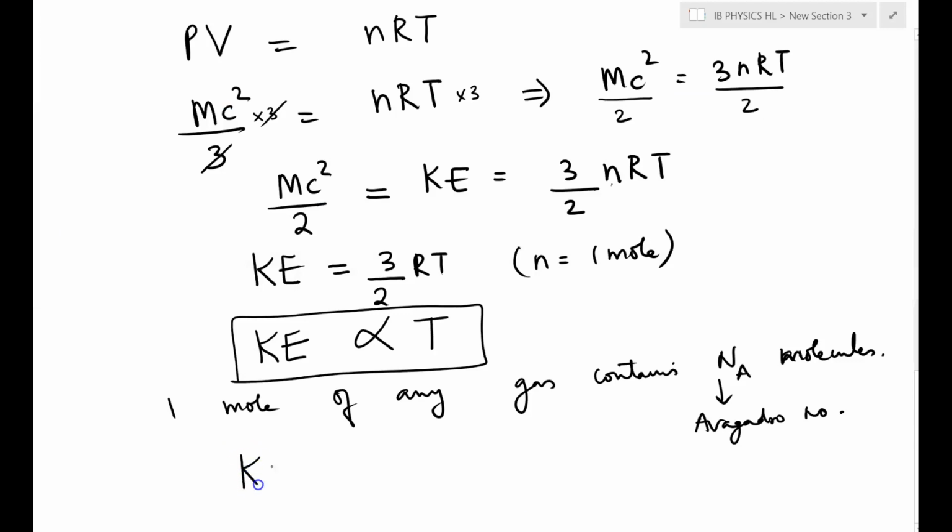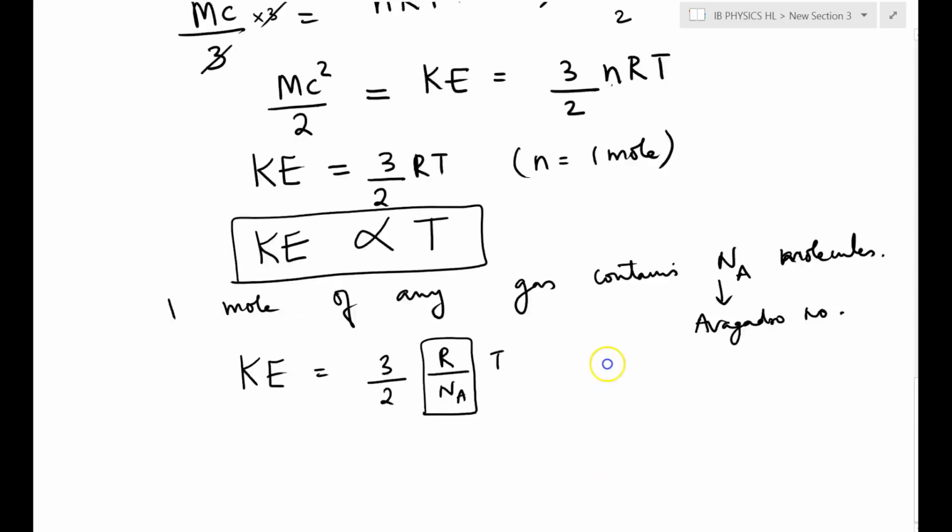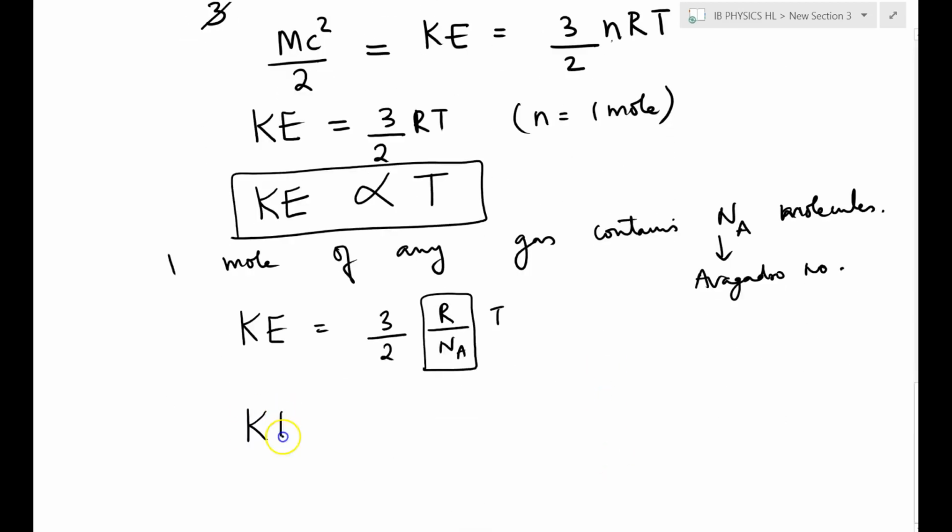So which means kinetic energy will be 3 over 2 R divided by N A, times T. This is a constant because it's the universal gas constant divided by the Avogadro constant, which is another constant, and that constant is called the Boltzmann's constant. So Kb is called the Boltzmann's constant.